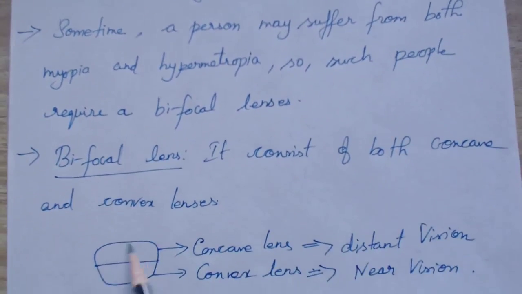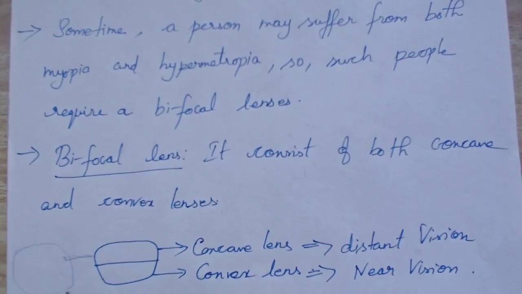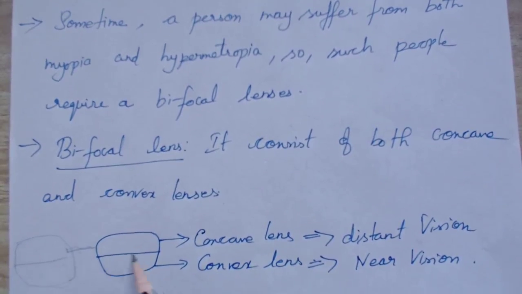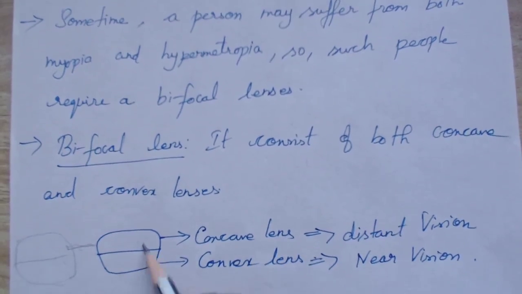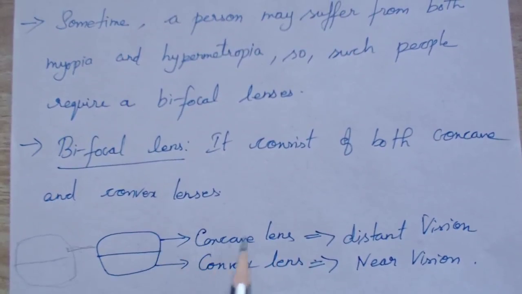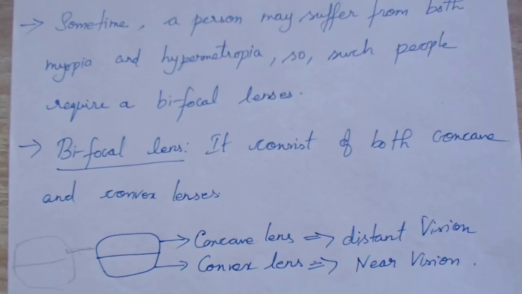You would have seen this type of glasses if there are any old people in your house. They have some difference in their spectacles itself. There are two lenses present. The upper lens is a concave lens for distance vision. They will sit erect and view the distant object.